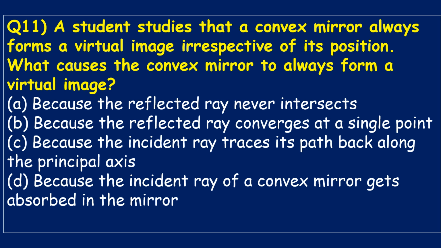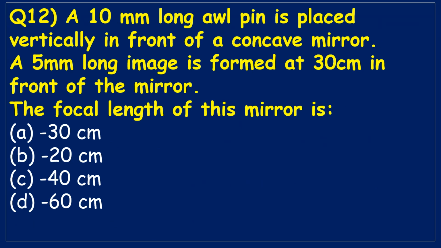They appear as if they are coming from one origin point, as if converging, but they never converge. That's why a convex mirror always forms a virtual image. Option A, because the reflected ray never intersects. Next question.